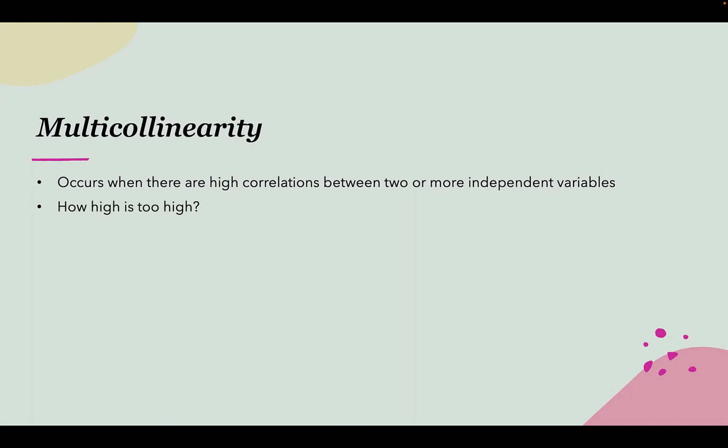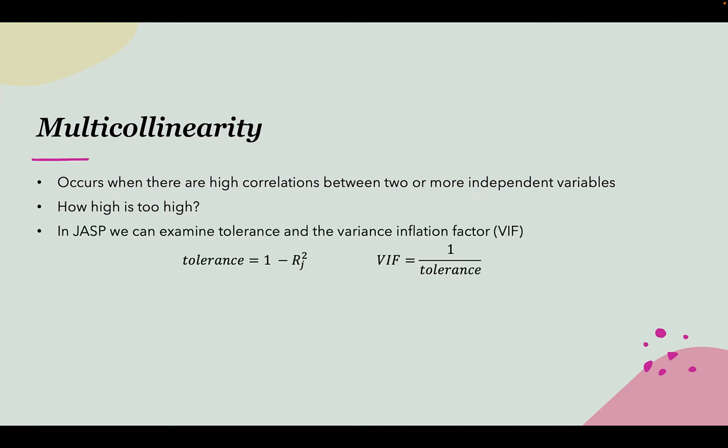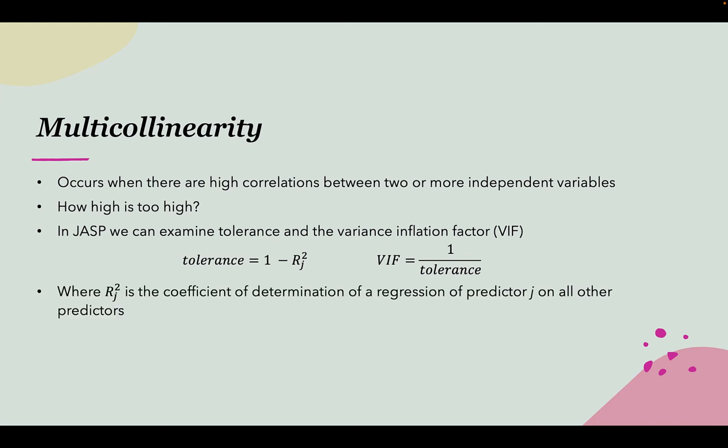But the big question is, how high is too high? Well, in JASP, we can examine tolerance and the variance inflation factor. Tolerance is 1 minus the coefficient of determination of a regression of predictor j on all other predictors. And the variance inflation factor is the inverse of the tolerance.